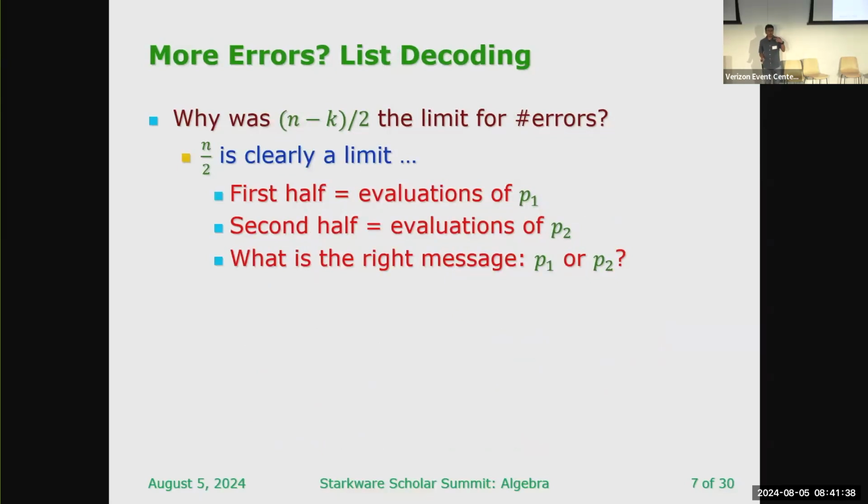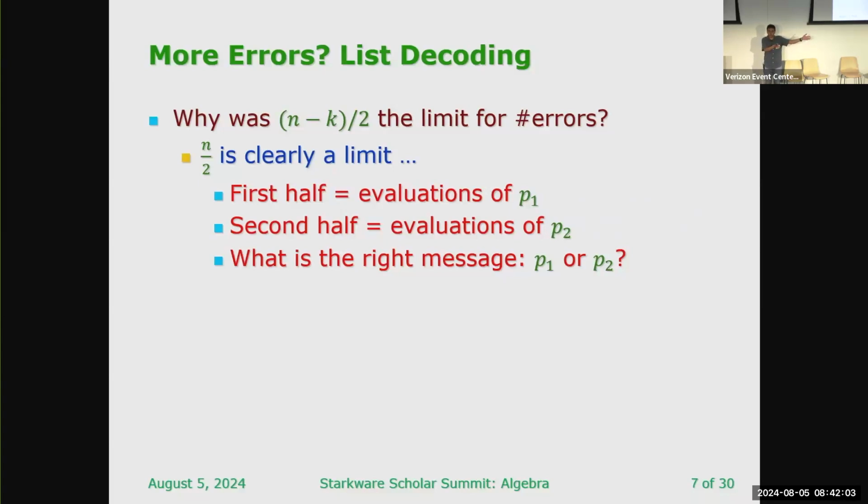Well, let's not worry about (n minus k) over 2. Let's just worry about n over 2. I want to prove to you that n over 2 is the number of errors that you could correct in this thing. Why? I start with some polynomial and give you its evaluations at the first n over 2 points. Start with some other polynomial and give you its evaluations at the remaining n over 2 points. Now, which is the correct message?